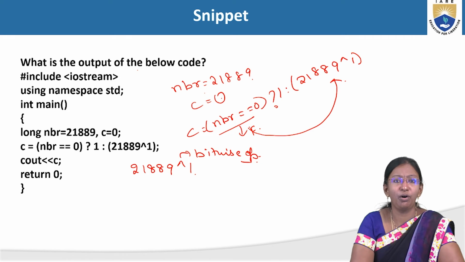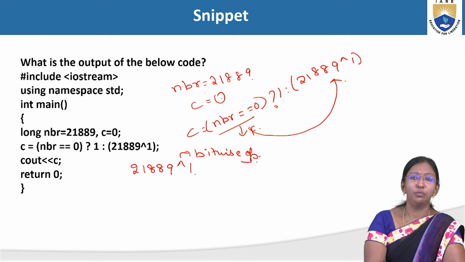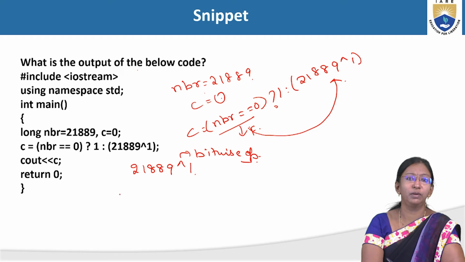You need not convert this whole 5-digit value, 21889, to binary. Let me tell you the trick. Whatever the combination of 21889 may be, it is not the exact one, I don't remember it.